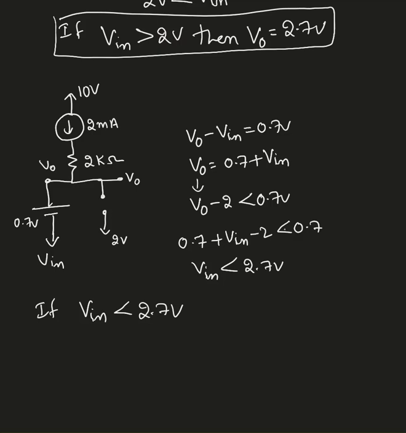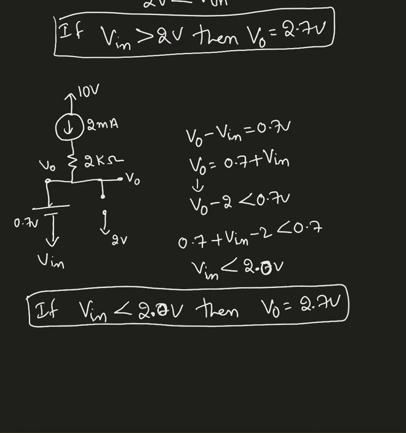Because the 0.7 gets cancelled out and we end up with 2 volts. My apology there. If Vn is less than 2 volts, then V0 equals 2.7 volts. So this is another condition.